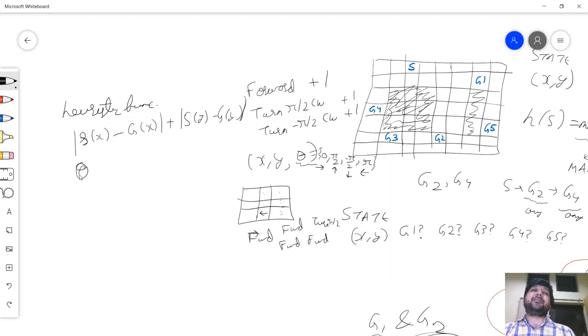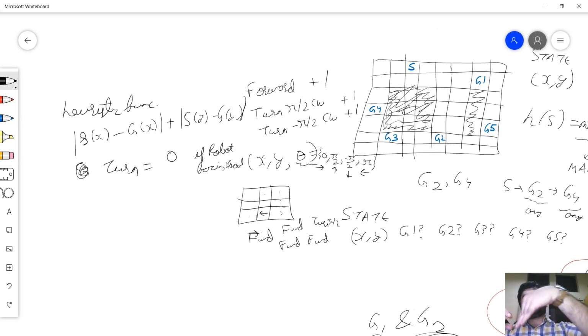Then you take the turn factor as 0 if robot is facing goal. On the other hand, if the goal is not in the same axis, the goal is somewhere else, and you are facing it in either of the lines, then you need to take a 90-degree turn in a way, so the turn factor will become +1.